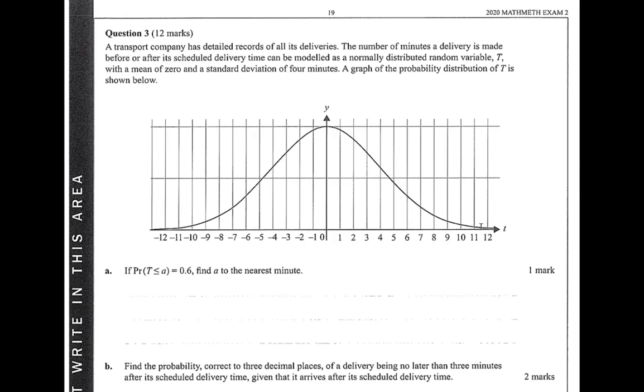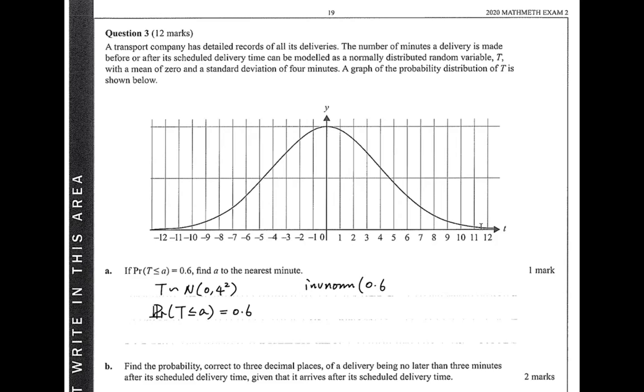Inverse norm distribution. T is a normal distribution. The mean is 0 and the standard deviation is 4, so variance is 4 squared. Probability t smaller than or equal to a is 0.6. On your CAS calculator, you should use inverse norm.